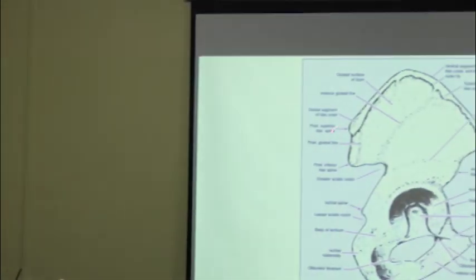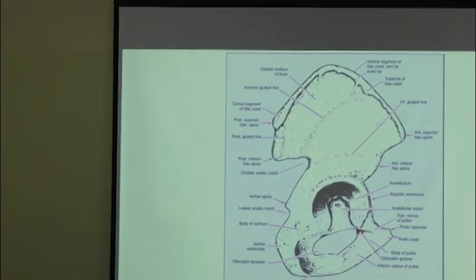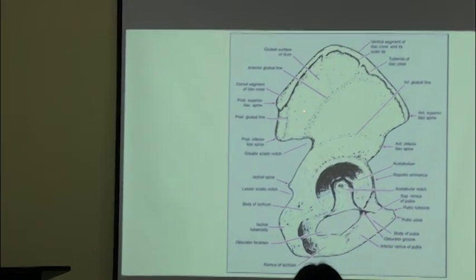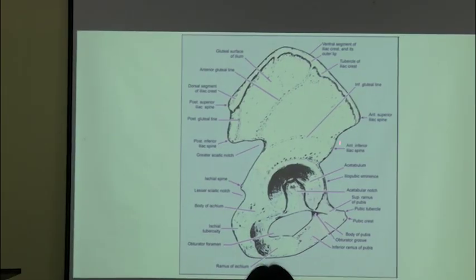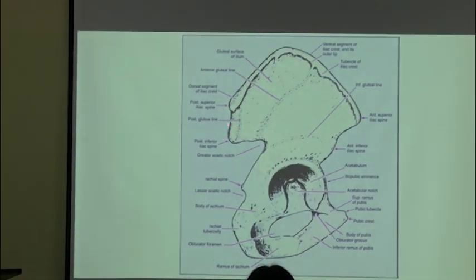By the presence of these three gluteal lines, these parts have four muscle attachments. Here one, here another, and another one. So four muscles are attached here.